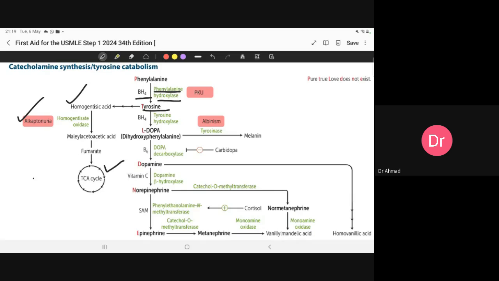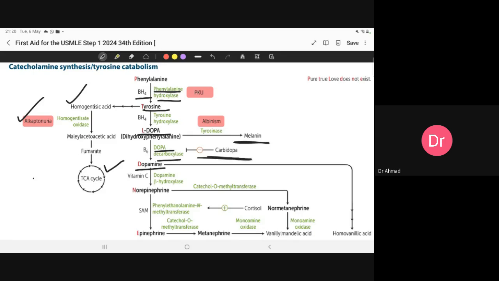After this, you need to keep in mind that L-dopa is converted into melanin, and it is also converted into dopamine. What kind of enzyme plays a role here? Dopa decarboxylase. This is a famous enzyme, and there is a drug that acts on it, carbidopa.